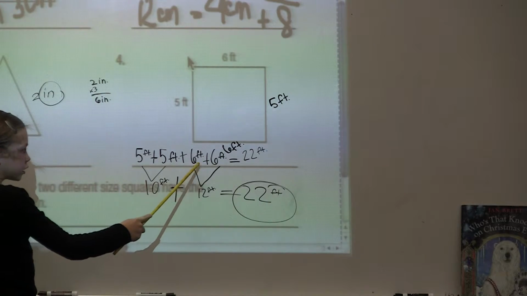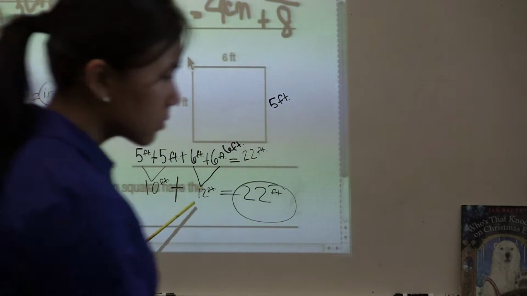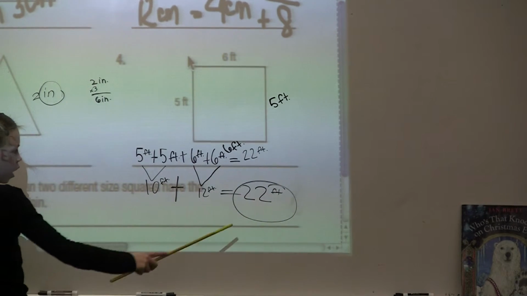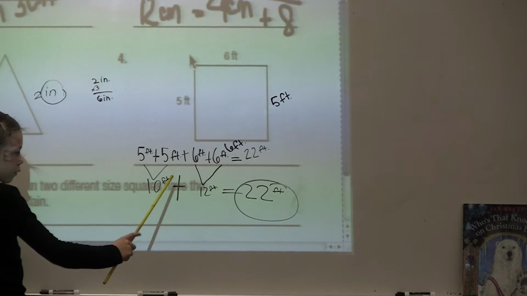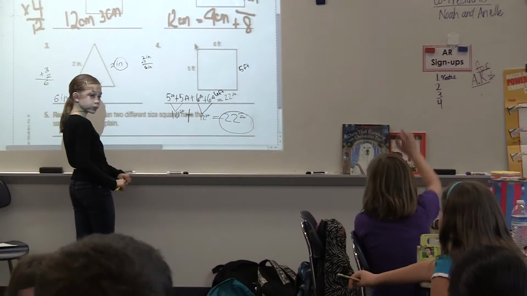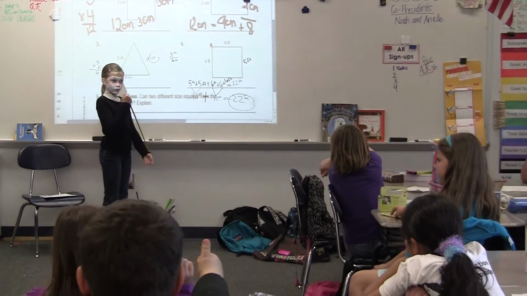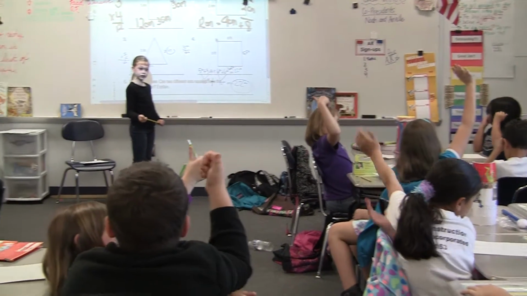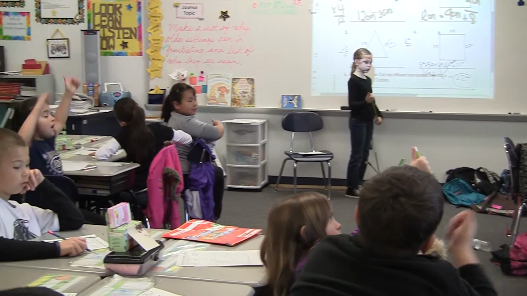And then I got 6 feet and 6 feet and I added those. And then I took my 2 partial products and I added them. And I got 22. But I knew I was forgetting something, so I added feet. So you are thinking if you got 22 feet, that's what? Awesome job, Miss J. Solved it wonderfully.